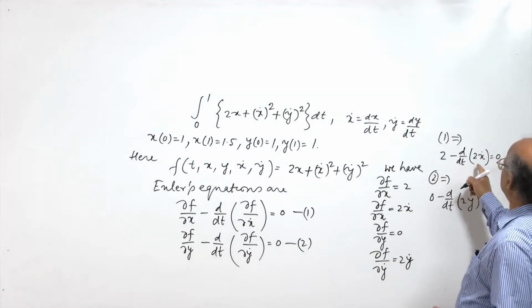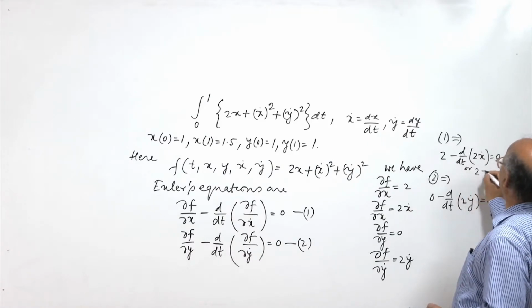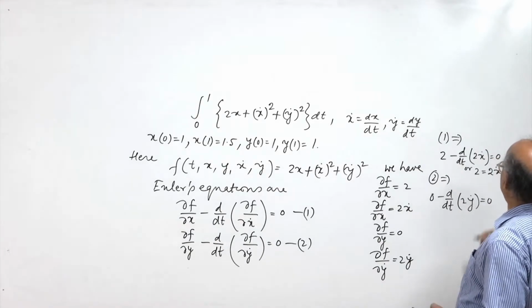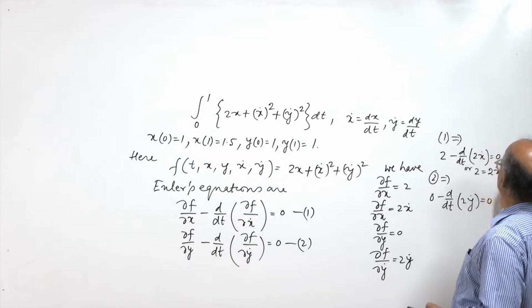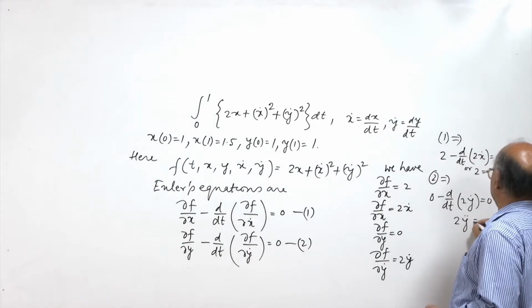Now we can cancel 2, or I can say 2 equal to 2x double dot. So we have x double dot equal to 1, and here we have 2y double dot equal to 0.